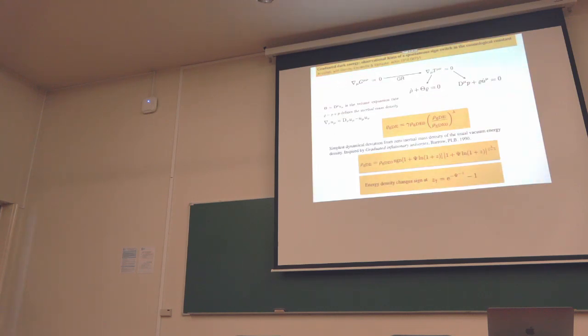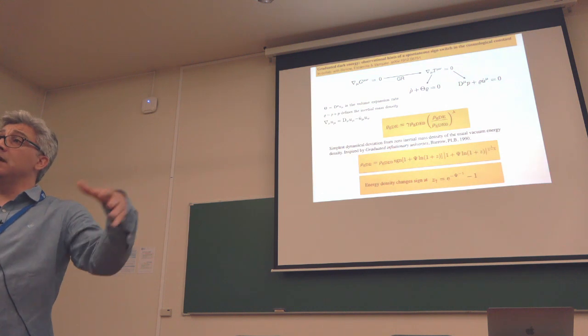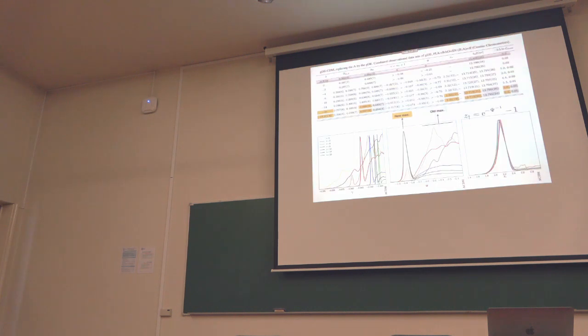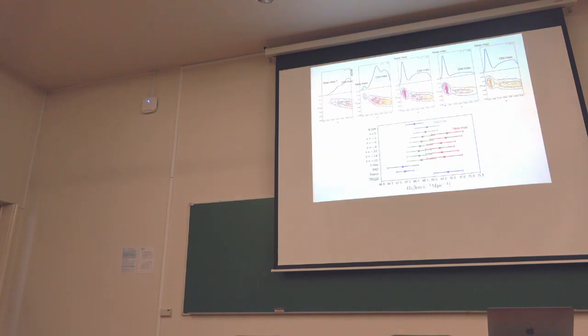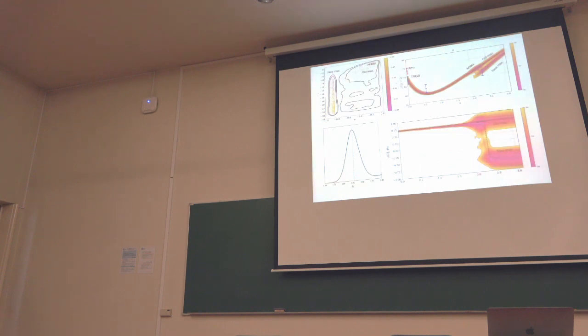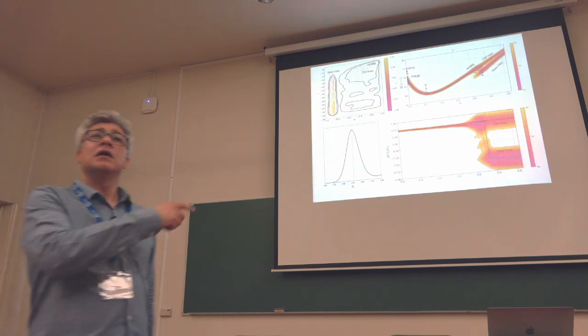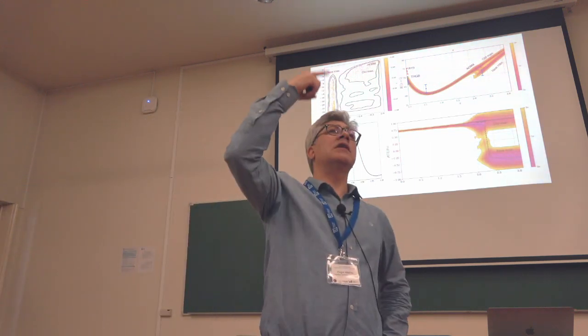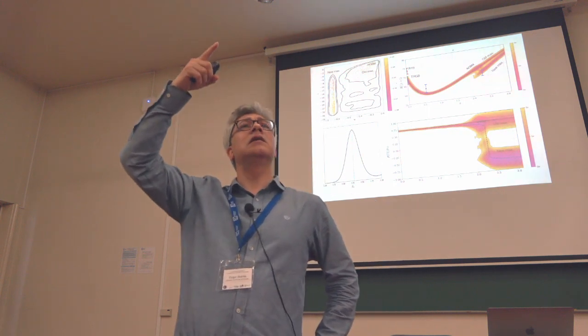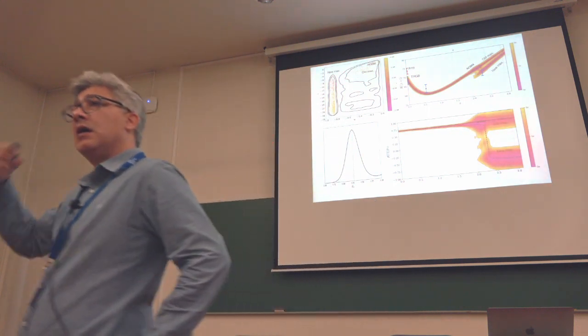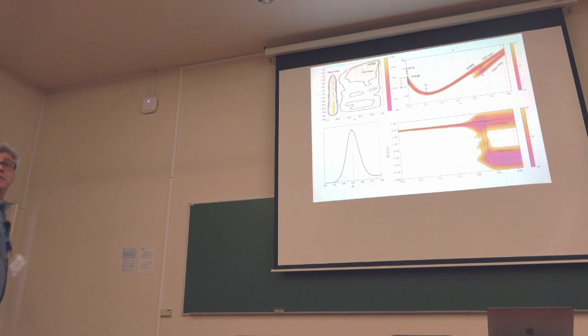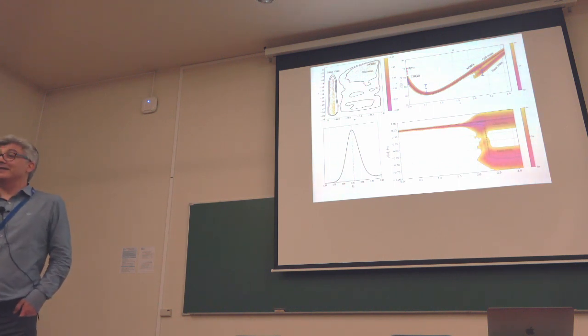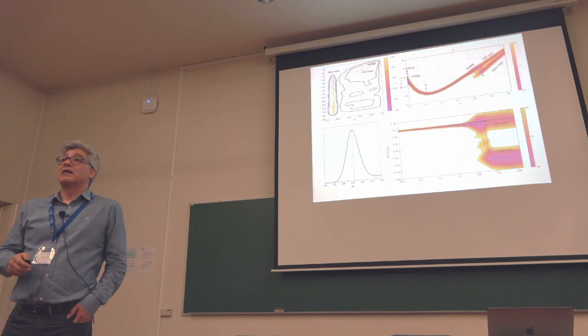This is the first paper. It has two parts: a theory part, and in the second part we have data analysis. All these are in the same paper. These are data from SDSS, from 2014. Who was the first author on that paper?